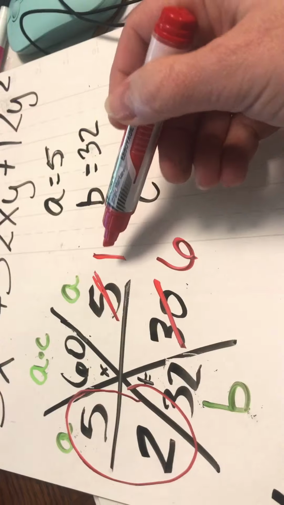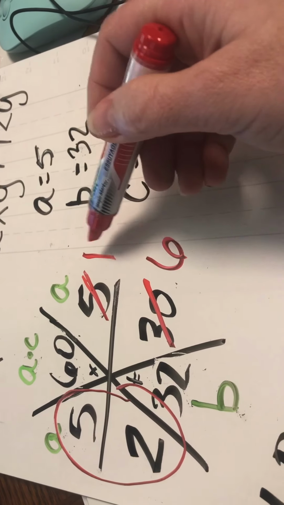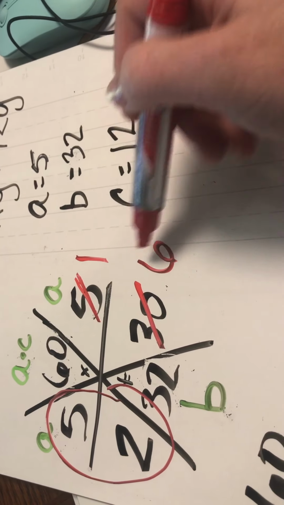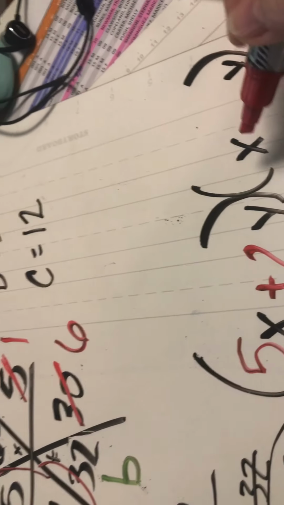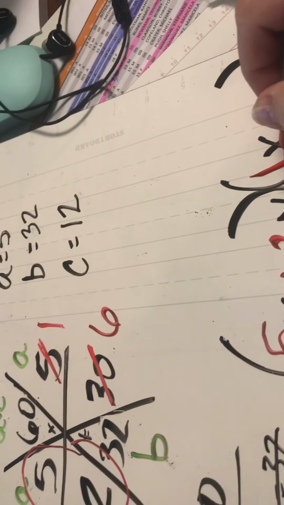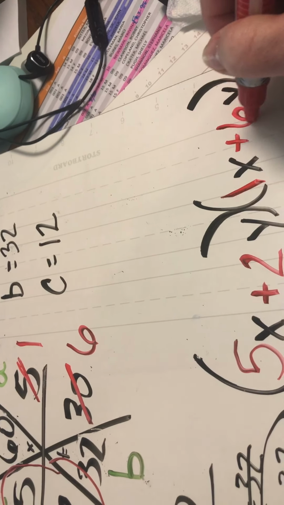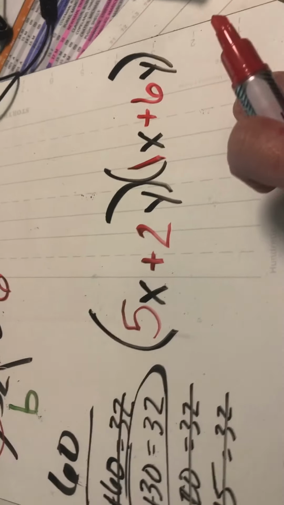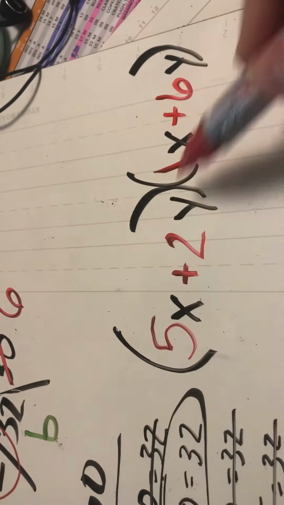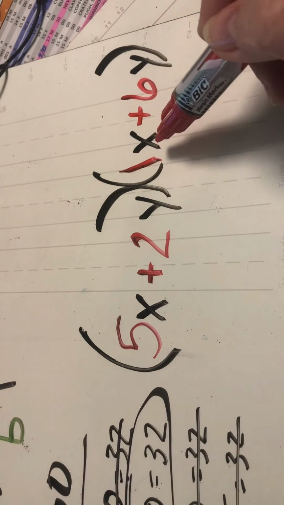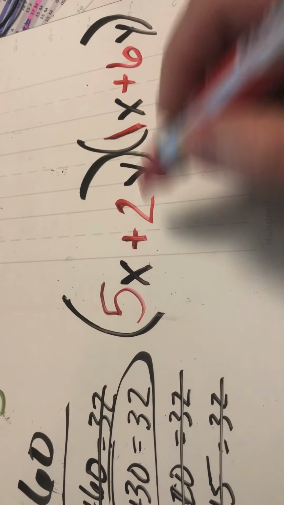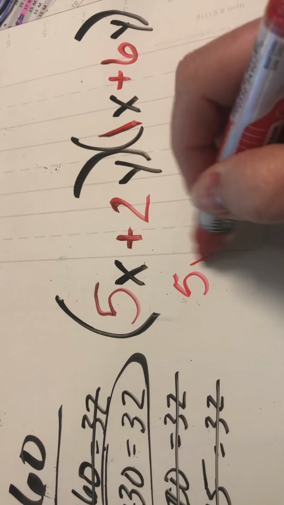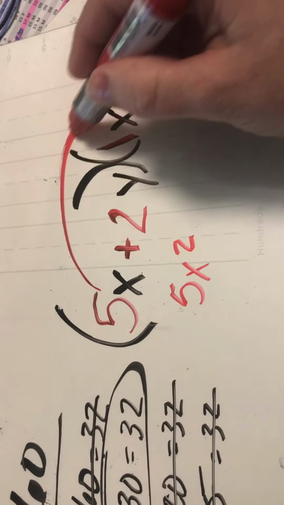Okay, and then up here, this got reduced. 1 over 6 is now my numbers. So 1 goes right here in front of x, and a positive 6 goes right here in front of y. So if you FOILed this back out, we would have 5x times 1x is 5x squared. That was my first.